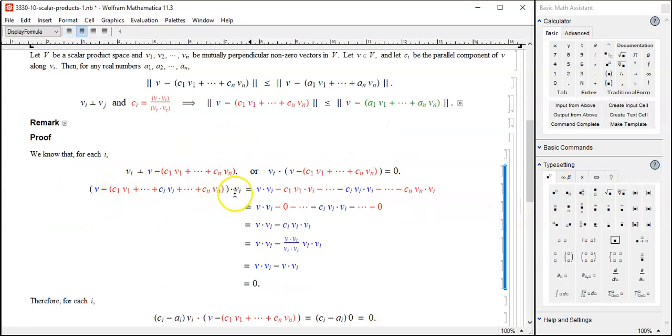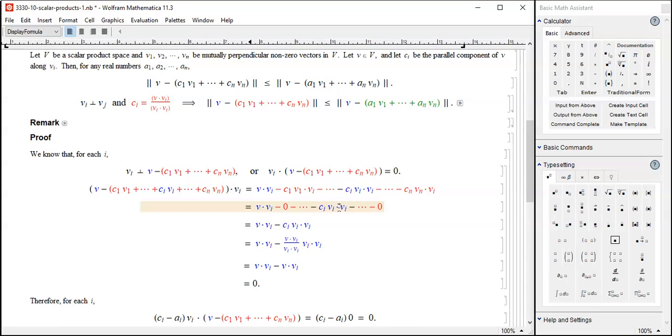V minus that, dot product with Vi, and then we just break up all the parentheses. V dot Vi, and then V1 dot Vi, V2 dot Vi, V3 dot Vi, all the way over to Vn dot Vi. They're going to be all 0 because V1, V2, V3 all the way up to Vn are all mutually perpendicular. But there's one exception, of course.